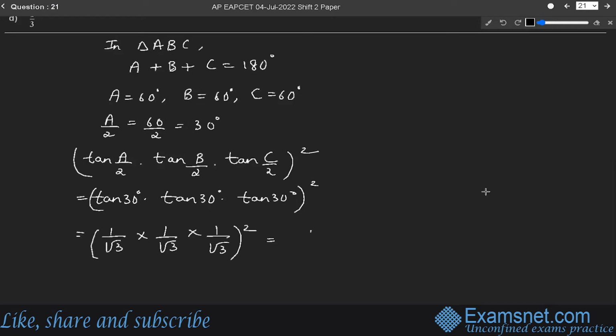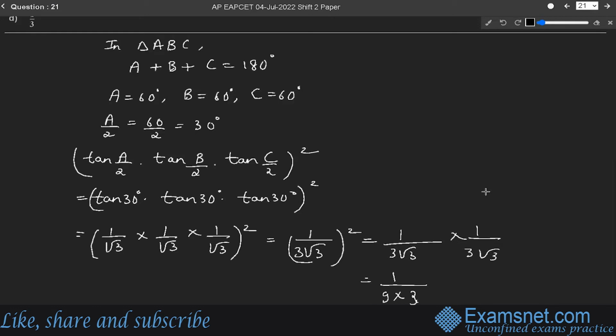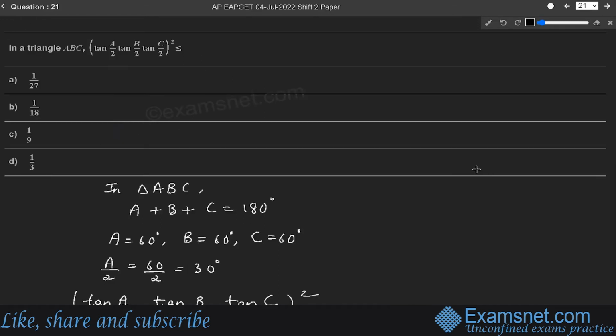So this will be equal to (1 upon 3 root 3) whole square. On opening the square, it will be 1 upon 3 root 3 into 1 upon 3 root 3, which will be equal to 1 upon 3 into 3 is 9, and 9 into 3 will be 27, because we know that root 3 into root 3 is also 3. So 1 upon 9 into 3 is 1 upon 27. So this is the value for the given term. Therefore, we can say that the correct answer is option number A here, which is 1 upon 27.